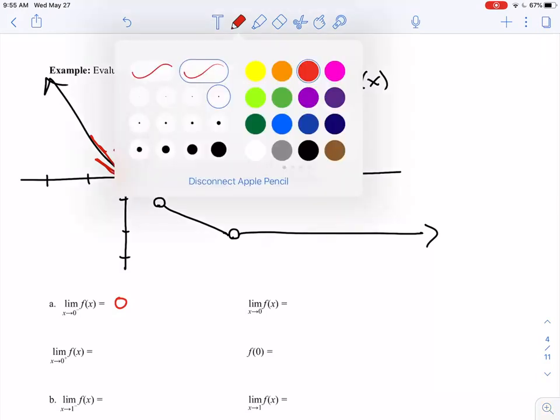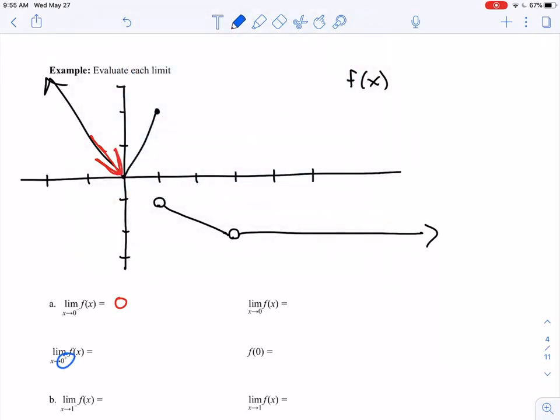If I look from the right-hand side, the limit as x approaches 0 from the right-hand side, it looks like that blue arrow is also pointing at a y value of 0. It's pointing at this point right here. So that means that the right-hand limit is also 0.